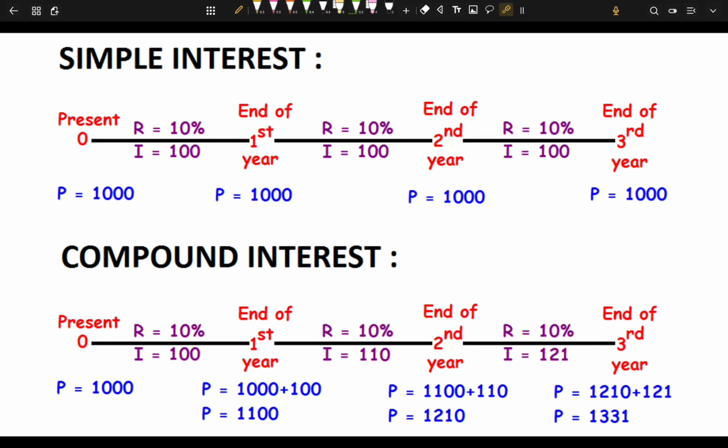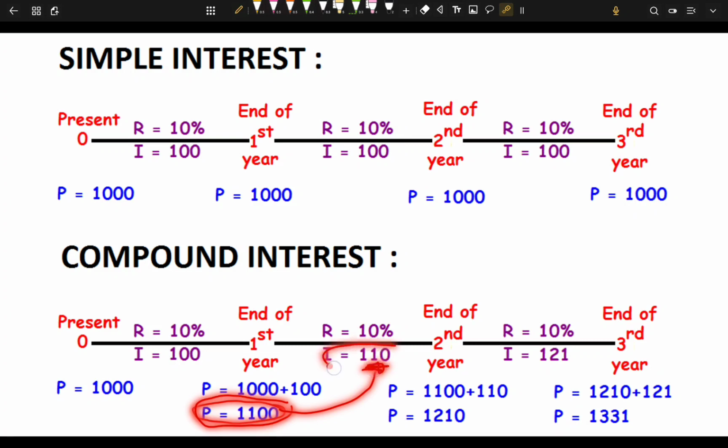Sunod natin is yung compound interest. Iba naman dito. So, dito, we have the interest, then we have the capital. So, yun na yung nakuha natin at first year. And then, this will be added. Itong 1,100 na to, ito na yung kukuhanan ngayon ng ating interest. So, yung 1,100 na yan, at 2 years, yun yung kukunan ng 10%.